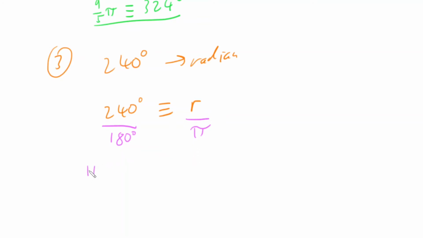So I can have pi times 240 over 180 will give me however many radians this is. If we work out 240 over 180, it is 4/3 of a pi. So we have 4 pi over 3.